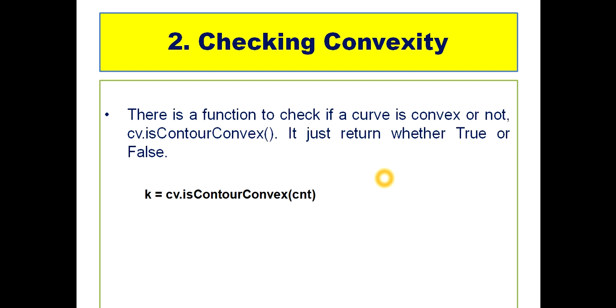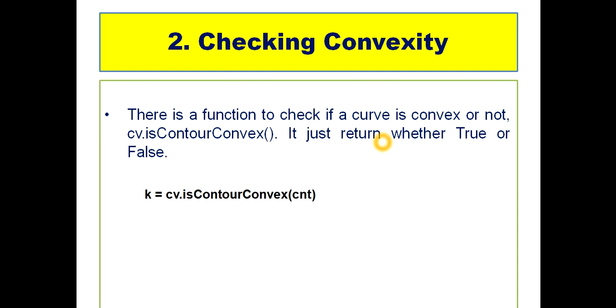Now we can check whether the curve is convex or not. I hope you all know what a concave curve or a convex curve is. There is a function to check if a curve is convex or not, and that is cv.isContourConvex.